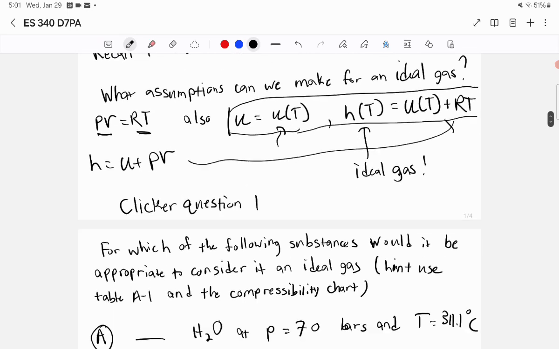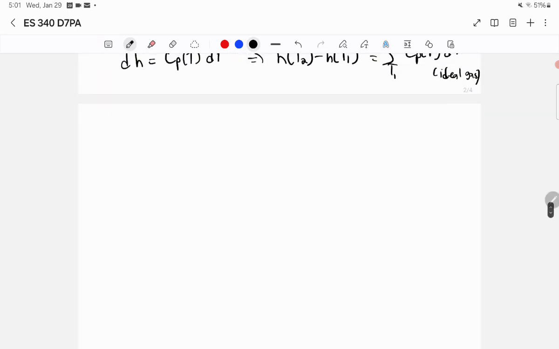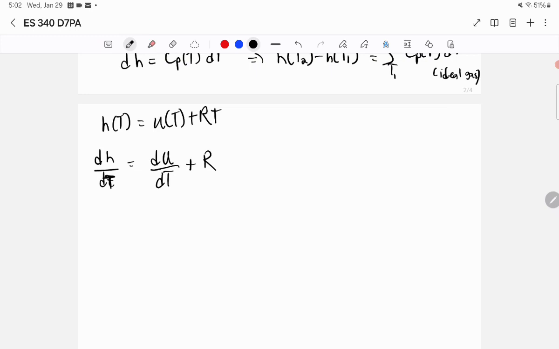H of T is equal to U of T plus R times T. Sorry, not R of T. Well, obviously, if I take the derivative of this with respect to T, then I get the derivative of U with respect to T plus R. Again, this is going to be for an ideal gas, so keep that in mind.